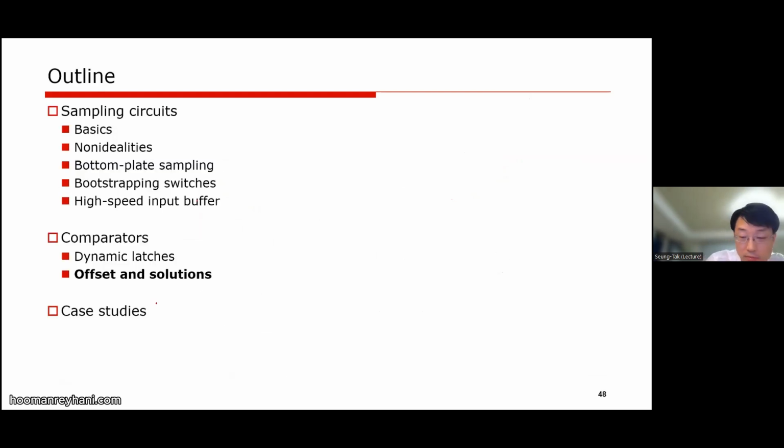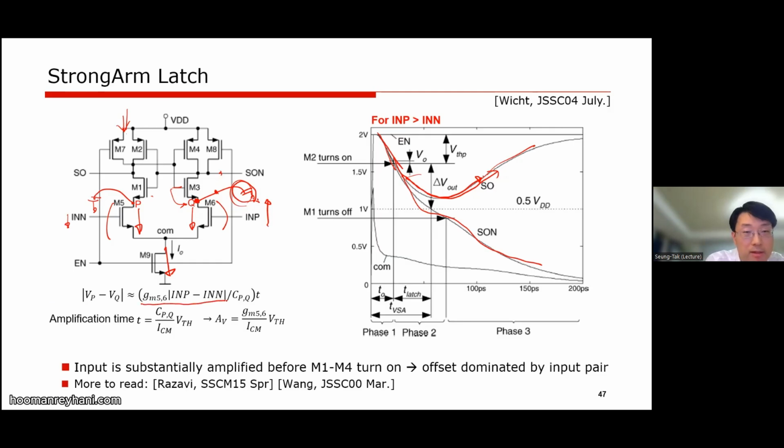So the GM times the input difference, the current difference, will charge the capacitor difference, the two capacitors in a differential manner. And as this is a discharging circuit, the output voltage will be time varying. As we discharge more, the output difference will be developed more. But the thing is that when the voltage here reaches the threshold, VDD minus VTH, then it stops. So the time we have gain will be like this.